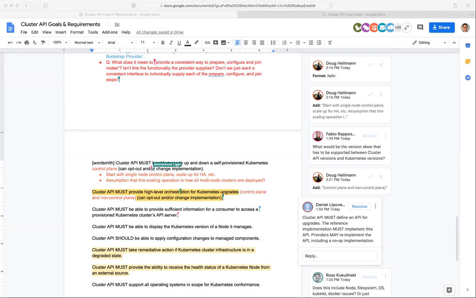When we describe add-ons, do we describe them in terms of the function they provide in the cluster API, or in terms of the actual implementation choice? So for example, if cluster API wants to manage DNS, does it make the choice of which DNS solution is used? Or is it more that I would like a way of saying, I just want DNS?